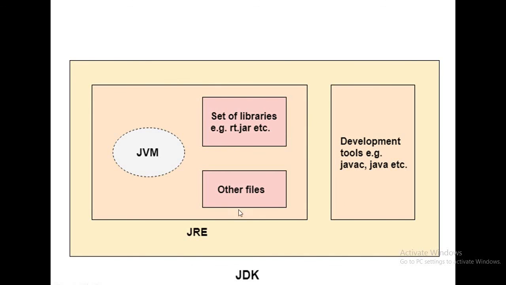So you can say that JDK contains all these things to develop a Java application. Inside JDK is JRE, and inside JRE is JVM. So JDK is wider than JRE, and JRE is wider than JVM.